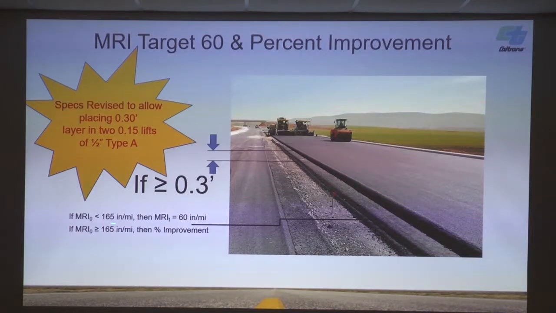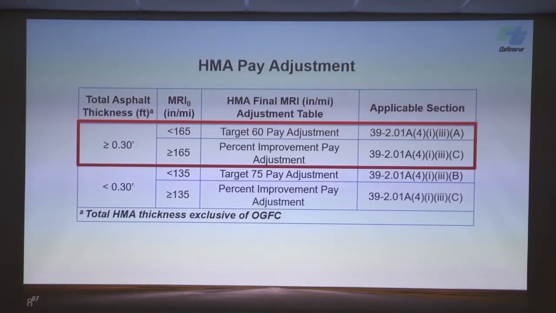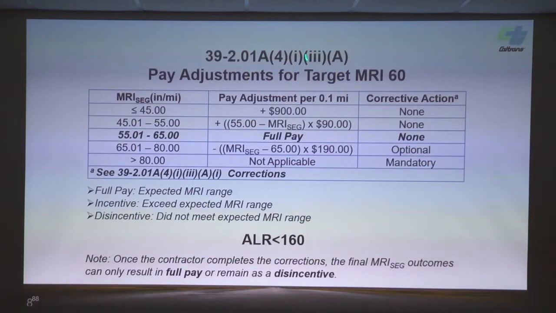Okay, so if this existing surface is over 165, it'll kick into percent improvement. If it's less than 165, we're just going to that 60 table, the first table that we talked about. Here's the 60 table. Now instead of $450 max incentive, we're paying $900.